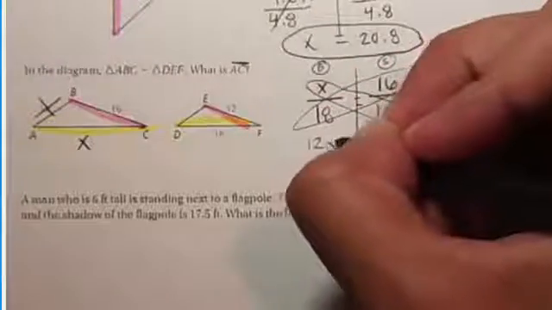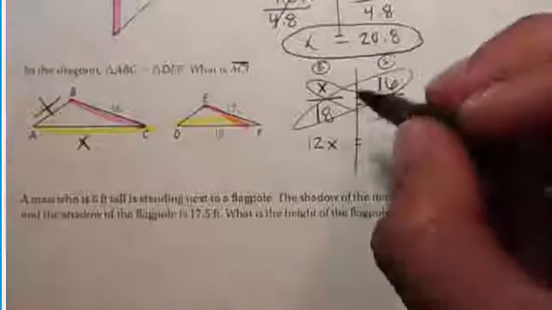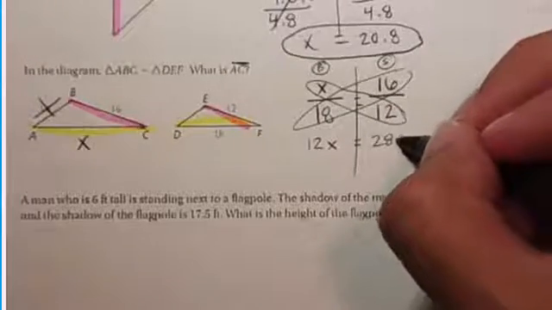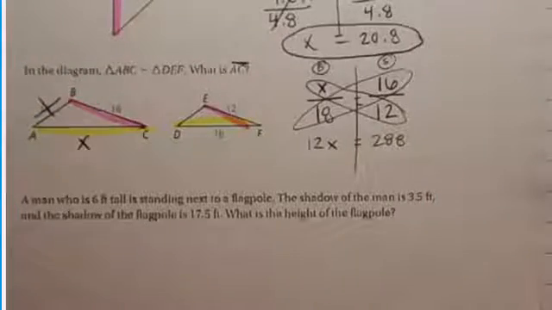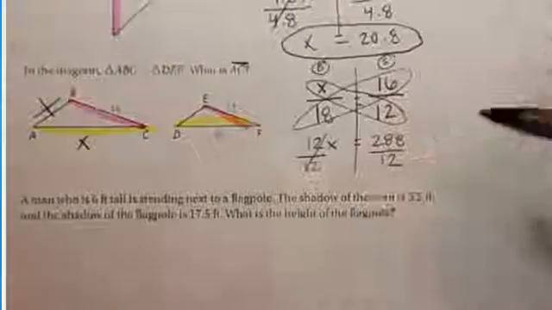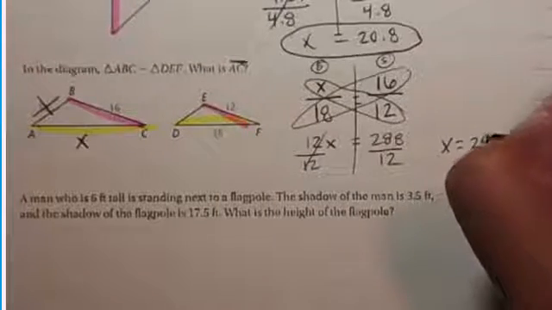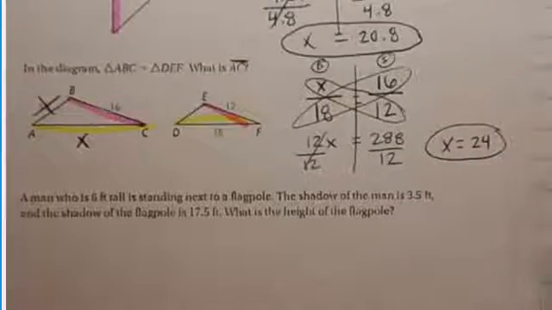I get 12 times X on one side, 16 times 18 is 288. I'm going to divide by the coefficient of 12, which leaves me with my answer: X is equal to 24. So again, AC would have to be 24.